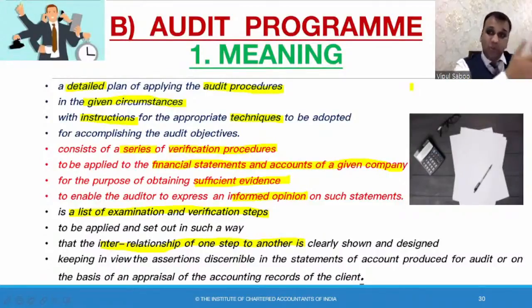So the steps you are taking to carry out the audit, to verify the assertions, should be interrelated, keeping in view the assertions in the statements of account produced for audit, or on the basis of an appraisal of accounting records of the client. So the first two parts are clearly giving you the definition of an audit program, right?